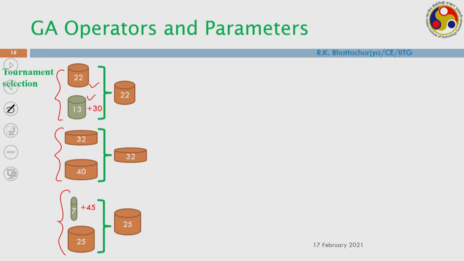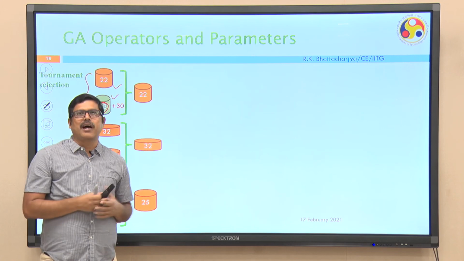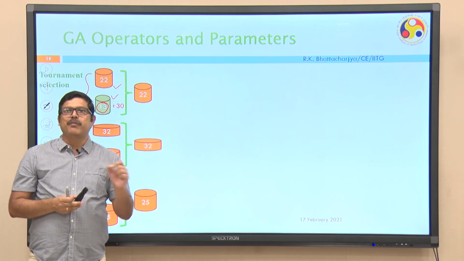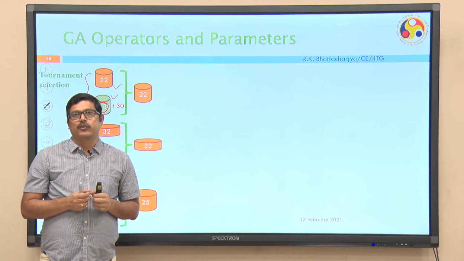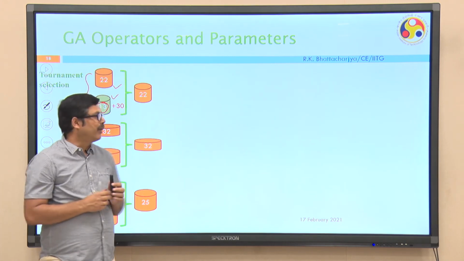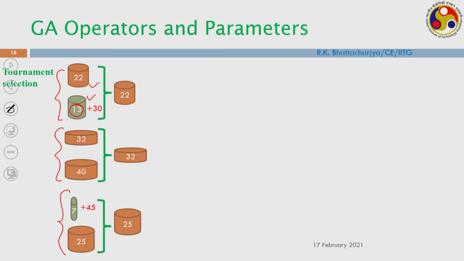Now, in this case, what is happening? This is 22 and this is 13, but though it is 13, this is actually violating the constraint. If you recall the problem we have discussed, the problem is minimization of cost, but at the same time the volume of the can should be 300. Now, it is not 300, it is somewhat 270 and therefore, there is a violation of 30.